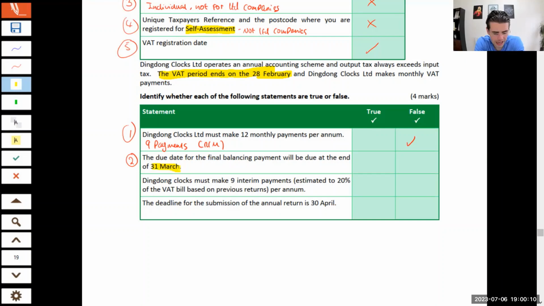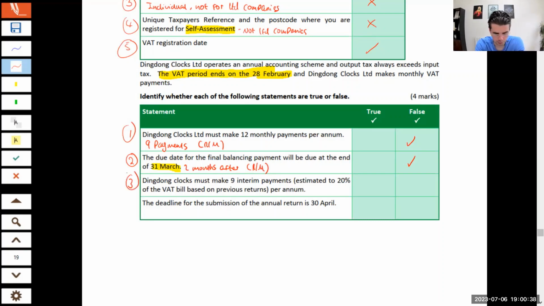Why is that false? Because it's a month after, isn't it? Yeah, exactly, guys. Check the rules, check the reference material. It's actually 2 months, as you will be able to see in your reference material in the exam. So that statement is nearly right, but it isn't quite there. It is false.